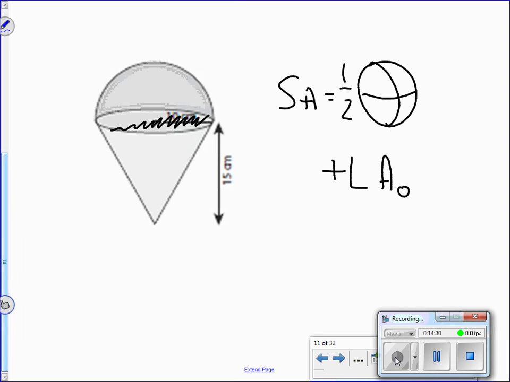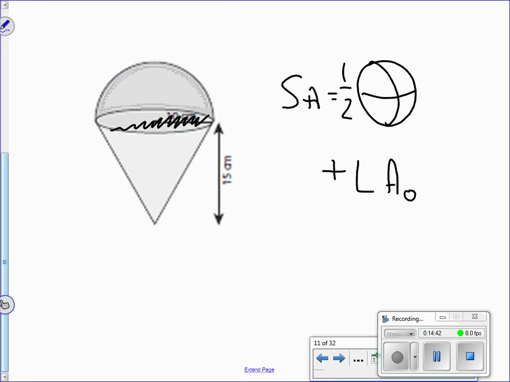To find the surface area of it, I would find the surface area of the sphere, take half of it. That would give me the top part of this. And then I would add to it the lateral area of the cone. I wouldn't want to use the surface area because the surface area would include this part inside. That's not part of the surface.